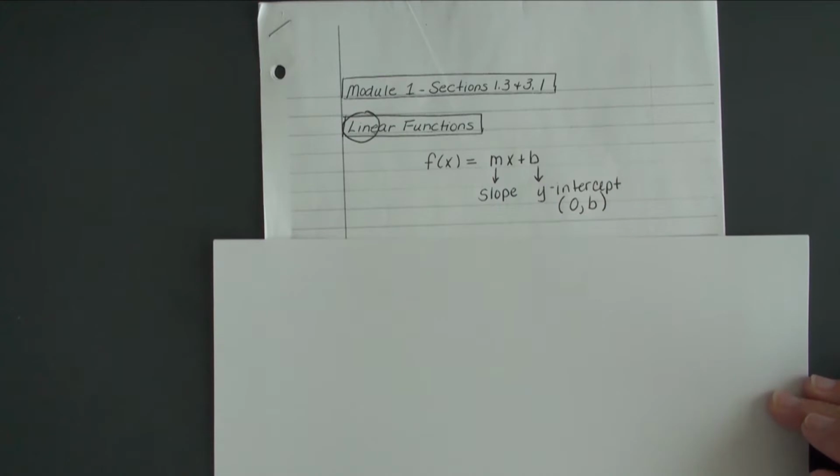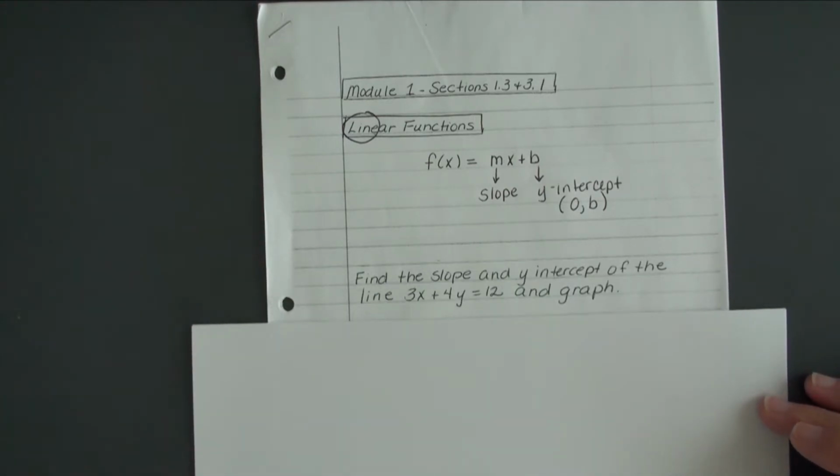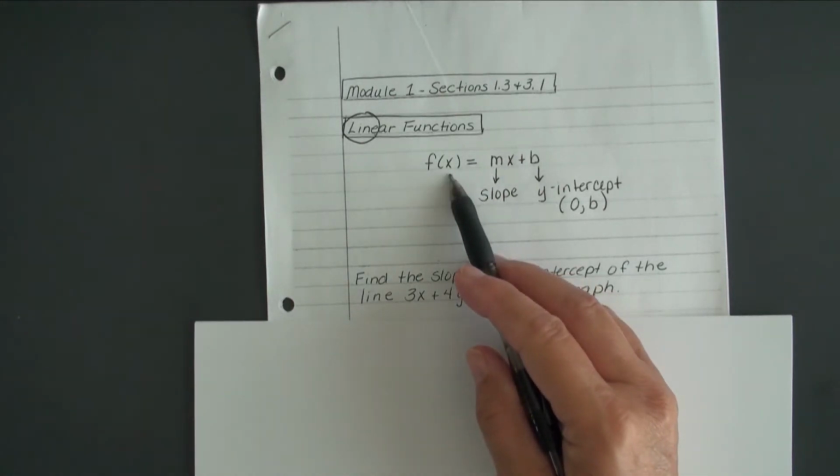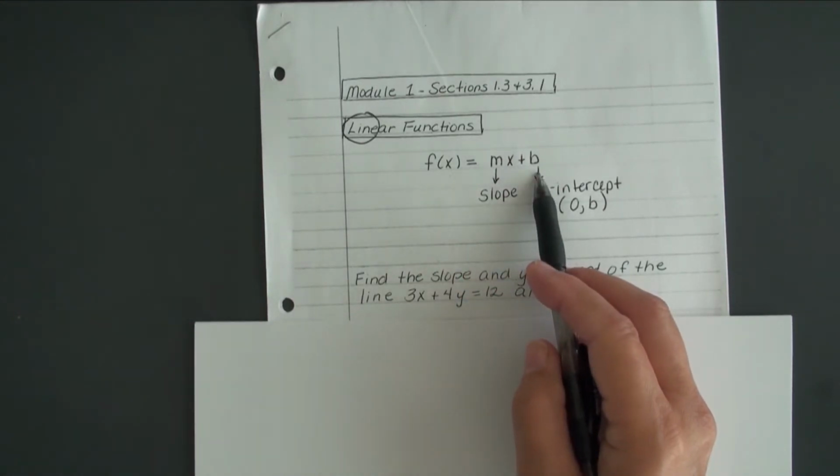So let's take this equation, f of x equals mx plus b, and see if we can work in an example. And the example here is find the slope and the y-intercept of the line 3x plus 4y equals 12 and graph. Now you'll notice that our equation is not in the form f of x equals mx plus b.